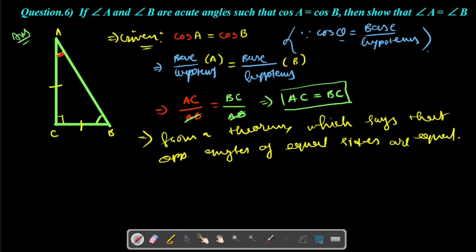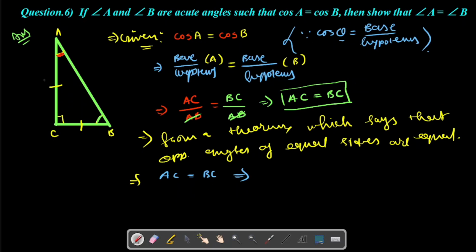Right? So from this we can easily write that for this side the opposite angle is B. So for AC is equal to BC, we can easily write AC.